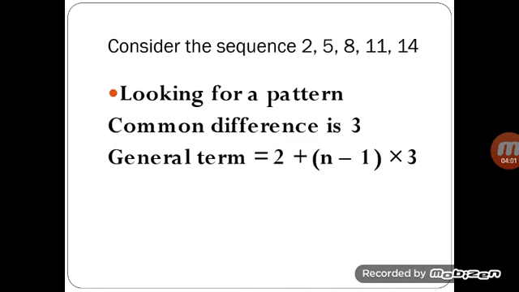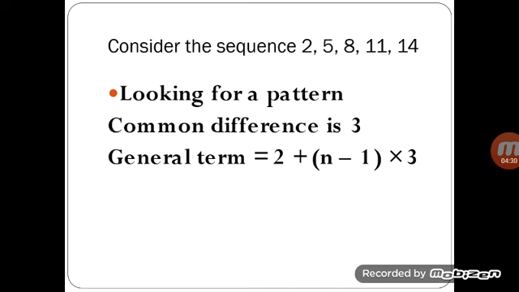For example, consider the sequence 2, 5, 8, 11, 14. The difference is 3 and it is an increasing sequence. So by putting values in the general formula, the first term is 2, so we replace a1 with 2, and for n minus 1, whatever position we are going to find, we will replace n with that position.